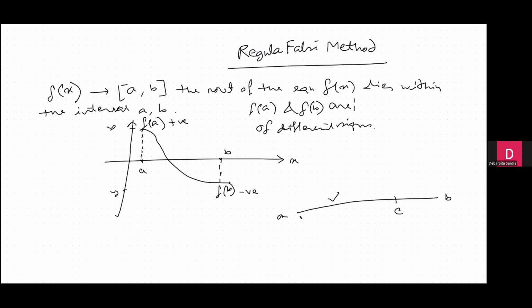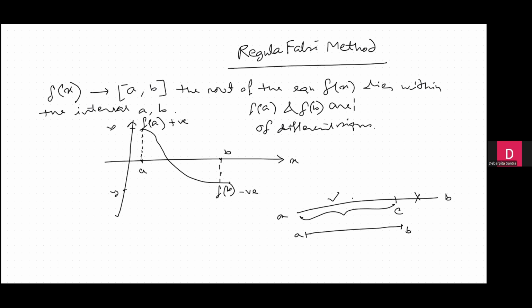In every iteration, either this or this will be chosen based on the signs. I will tell you how later. But in this way, the interval will be narrowed down. Suppose initially this interval is chosen, so this part is discarded. Now our interval is AC, and that becomes our new interval AB. So B is equal to C now.